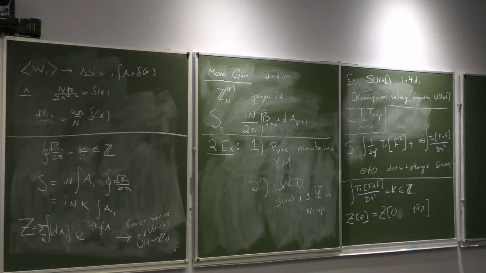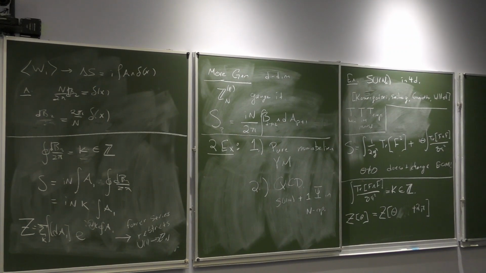And as I keep saying, the most interesting thing you could do is try to turn on a background gauge field. Now that we're experts, we can turn on a Zn background gauge field, which I'll write as B2. You should think of this B2 as similar to the B2 over here.